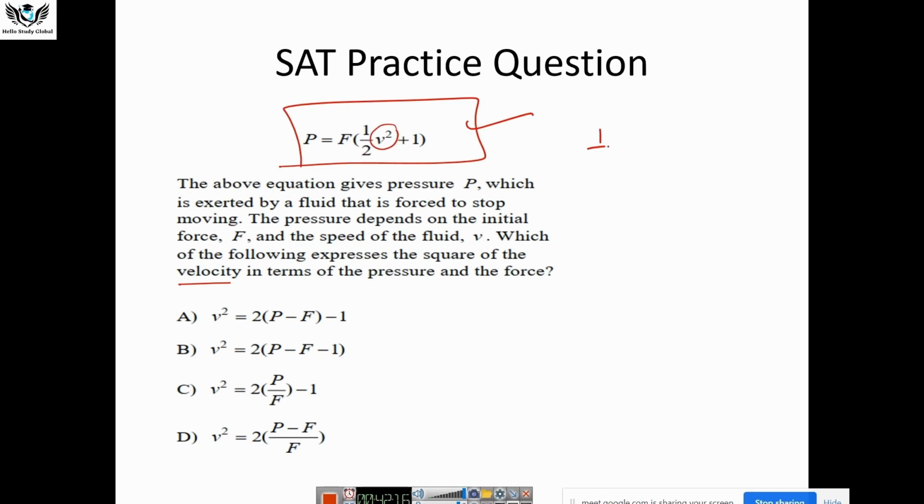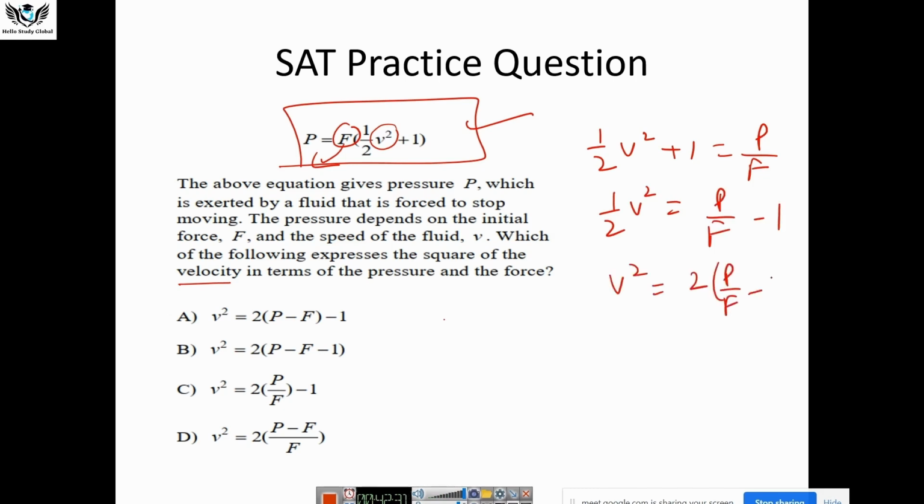So 1 by 2 v square plus 1 would be, f goes on to the other side, becomes p by f, and 1 by 2 v square is equal to p by f minus 1, and v square would be twice p by f minus 1. So this would be 2 into p minus f upon f. So D would be the correct answer.